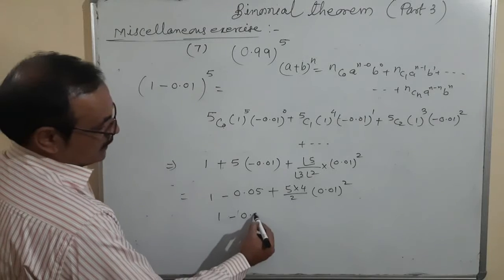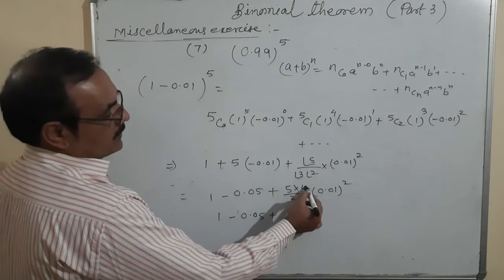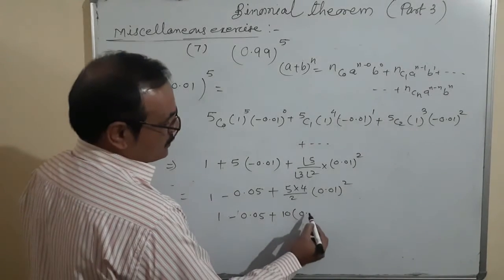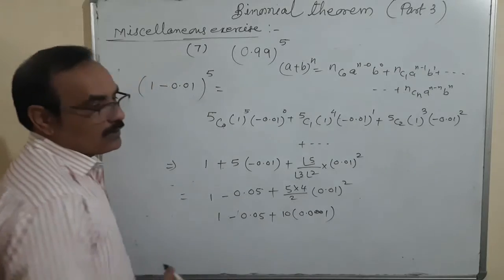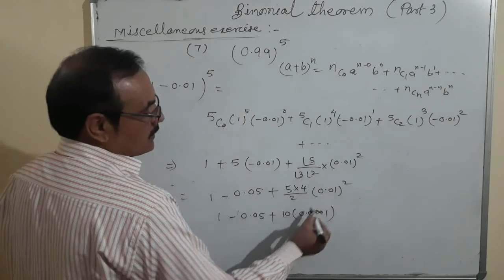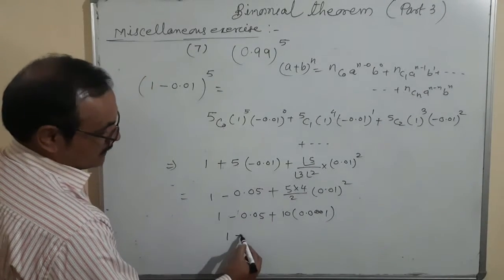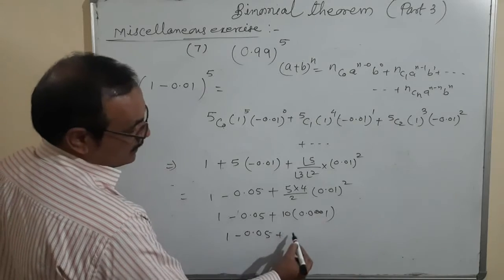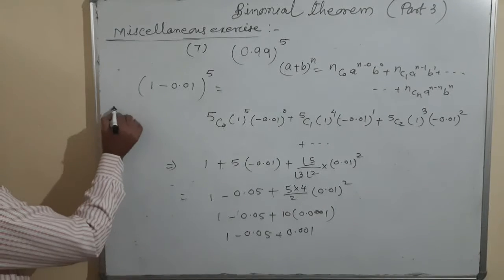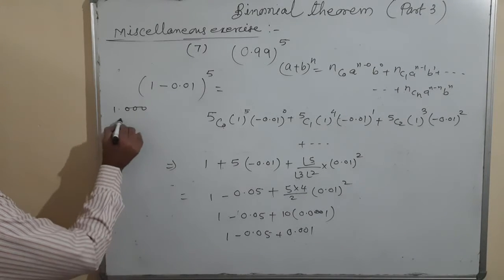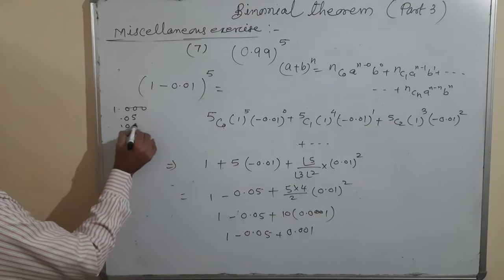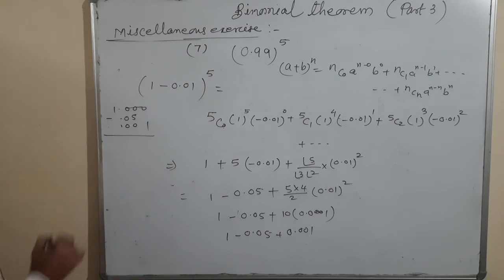So 1 minus 0.05 plus 10 into 0.01 whole square, which is 0.0001. The square of 1 is 1, but there are 2 numbers after the decimal, so after the decimal there will be 4 numbers. 1 minus 0.05 plus, when we multiply, 0.001. So the terms are 1.000, 0.05, and the third one is 0.001, but this one is negative and the other two are positive.